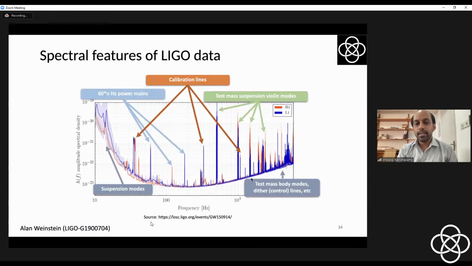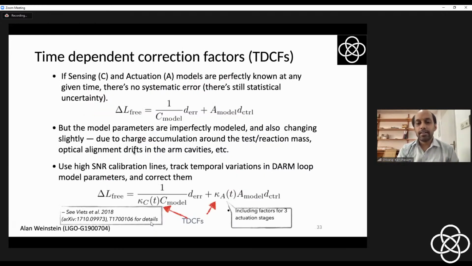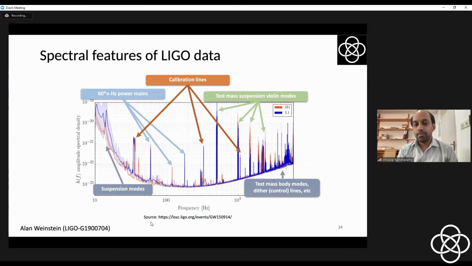To calculate the time-dependent changing factors, we inject what we call calibration lines. We inject lines that are continuously applied on the instrument while it is running. By looking at the height of the lines and how the line is changing, we are able to characterize these quantities, Kc of t and Ka of t, the time-dependent factors for these different models.